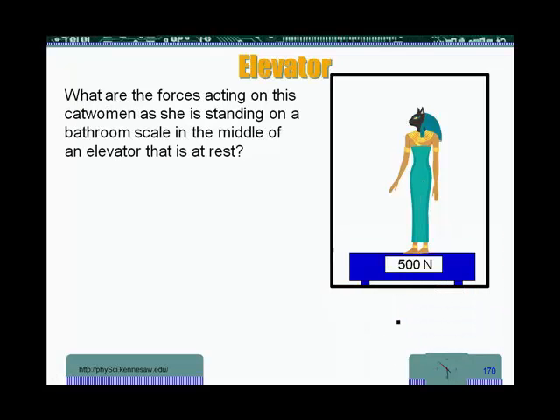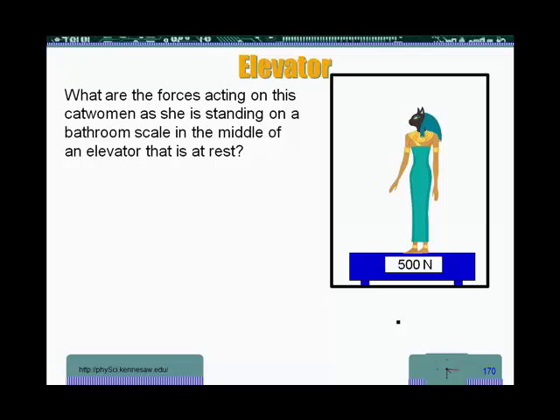Now, what if the woman, instead of standing on the bathroom scale on the floor, is on a bathroom scale in the middle of an elevator, but an elevator at rest, a standing elevator? Of course, you all know that the situation is not any different.